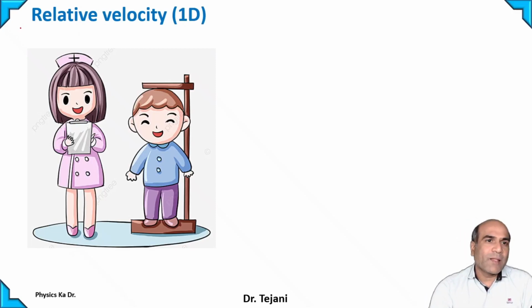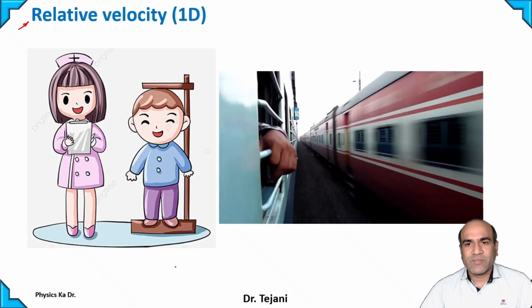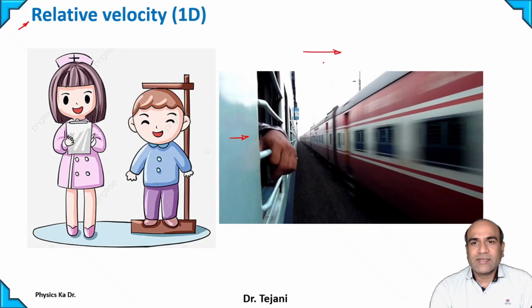Similarly, when we talk about relative velocity, it also possesses a similar concept. Let us have one more example for the same. I think you must have experienced a train journey, and when we look out the window, we can see there are some trains, right? If both the trains are moving in the same direction, and the first train is at, say for example, 100 kilometer per hour, and another train which passes our train is, say for example, at 120 kilometer per hour.